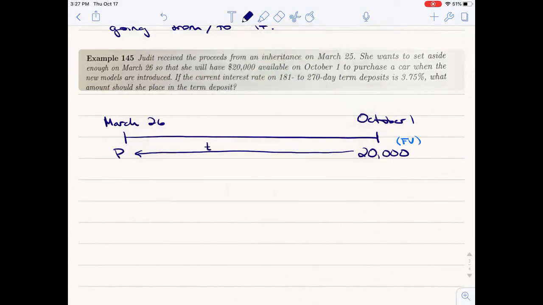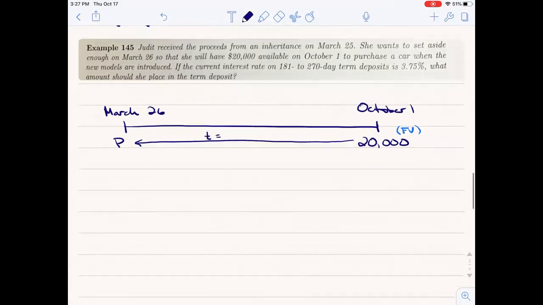On the arrow, we're going to put our T. We don't know what it is, but we can solve for it, because we have the days between dates function. But for now, let's just put the rate down somewhere, anywhere. So the rate is 0.0375.